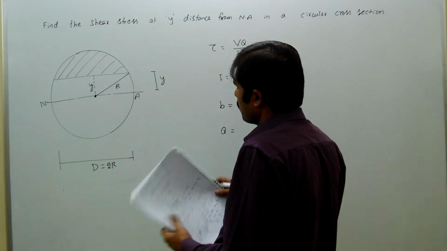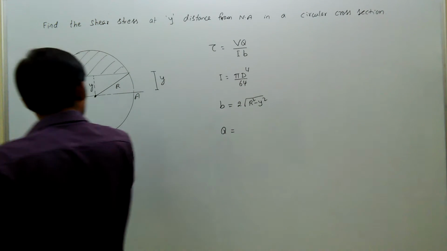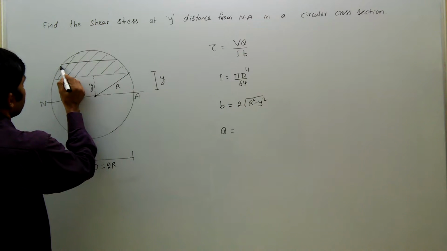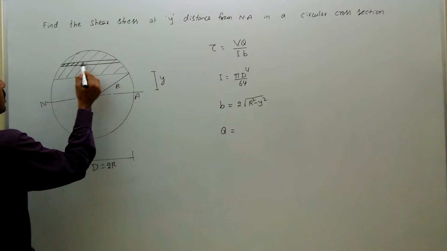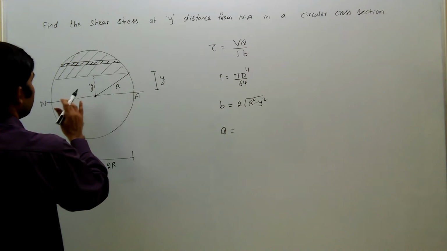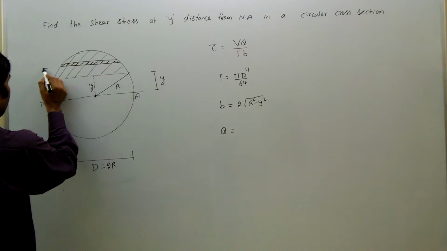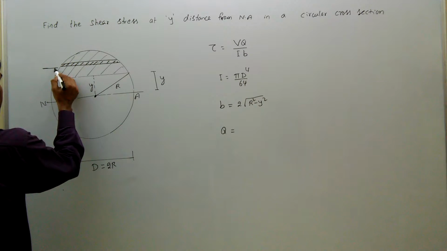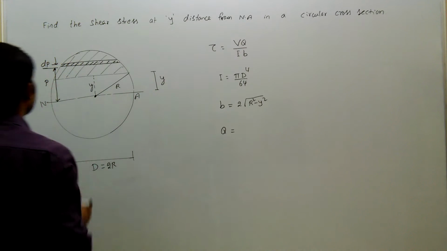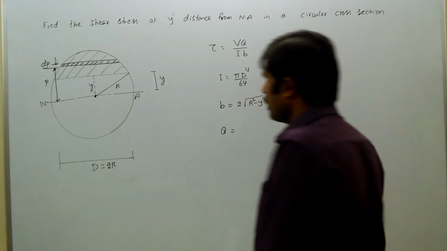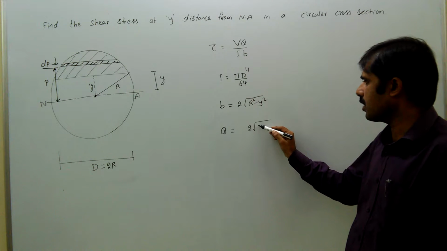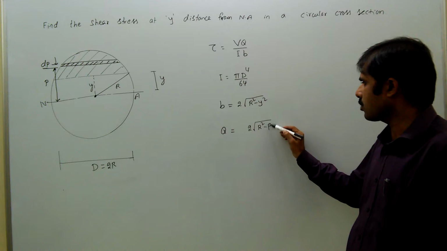To find Q, we'll take a strip here like this. Strip which is at a distance of p and the thickness of the strip is dp. So the width of the strip is, we know, 2 times the square root of r square minus p square.